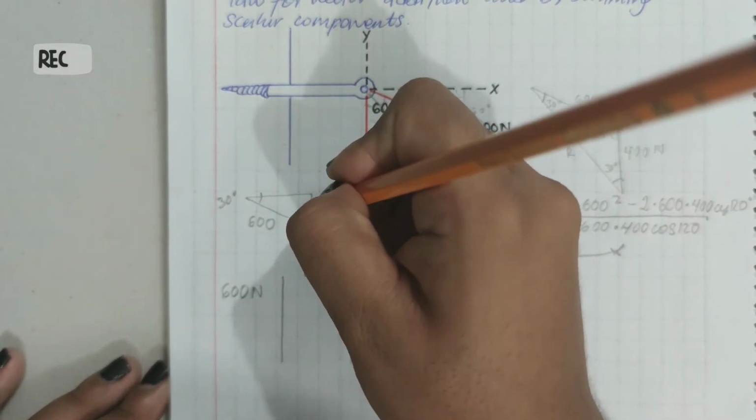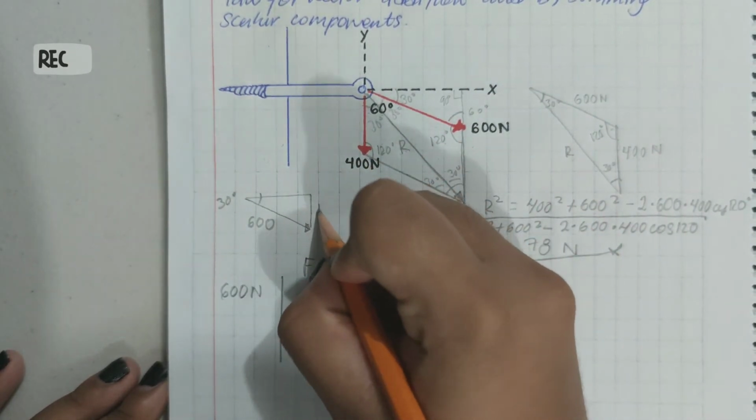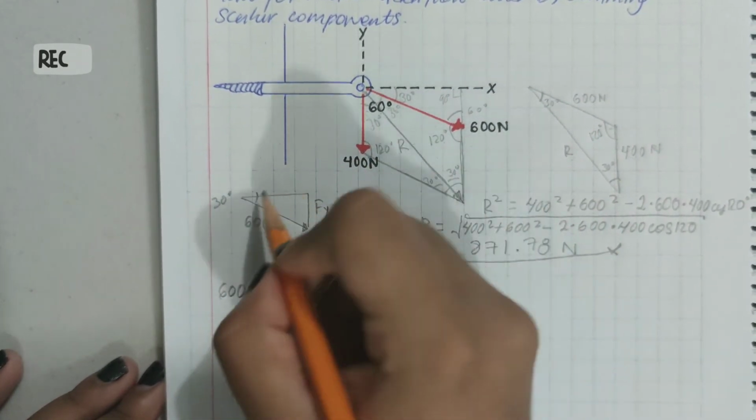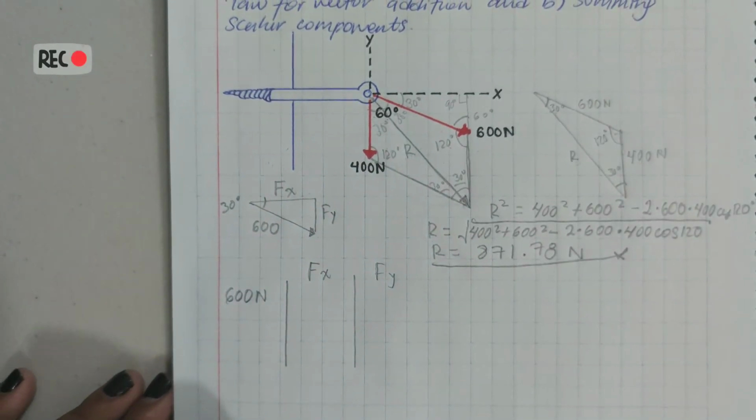This side, or this leg, represents the Fy component, and this one represents the Fx component.